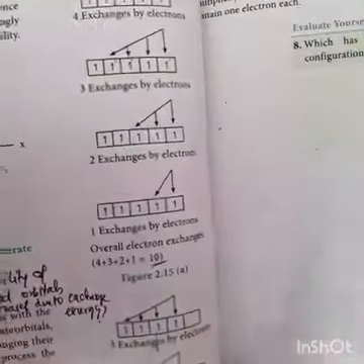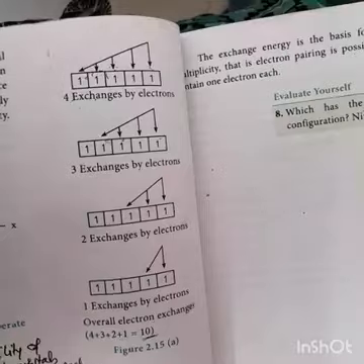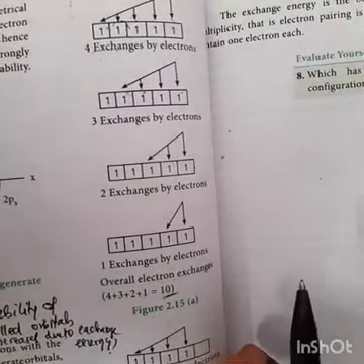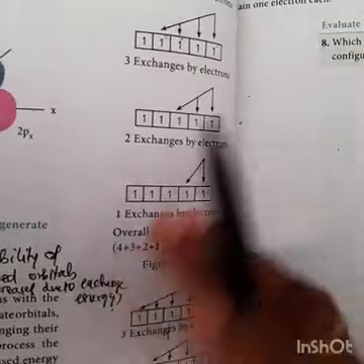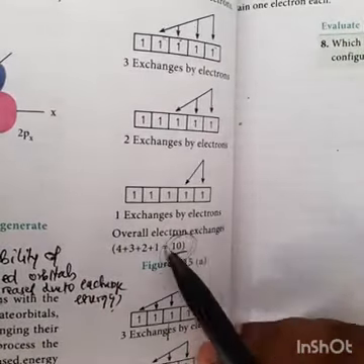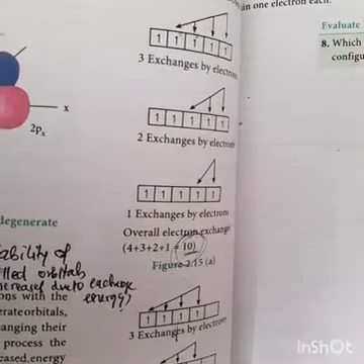Because of exchange by the electrons, during the exchange of electrons, their energy is released. Excess energy is released. So with a large number of electron exchanges, very high energy is released, so it is very highly stable.